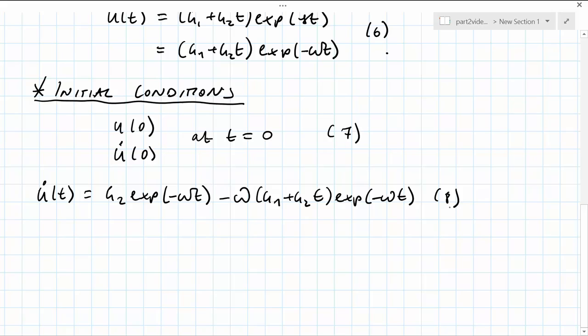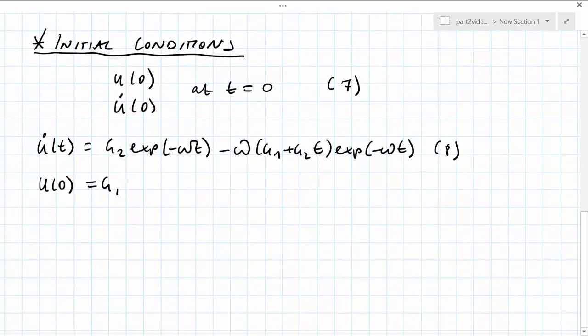If we then use equation 7 in equation 6, we can see firstly that u0 is equal to g1.